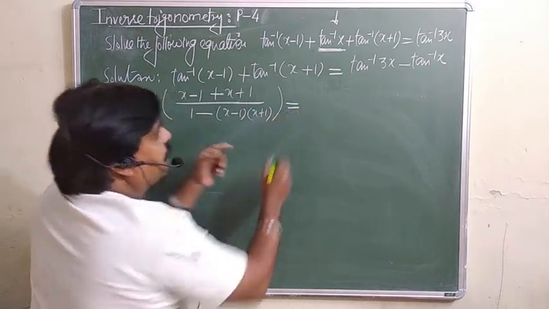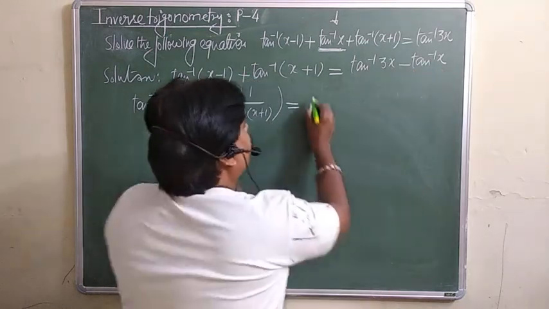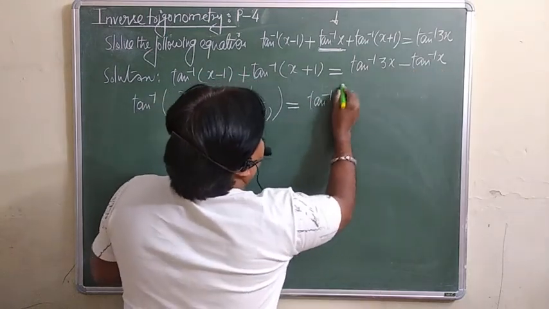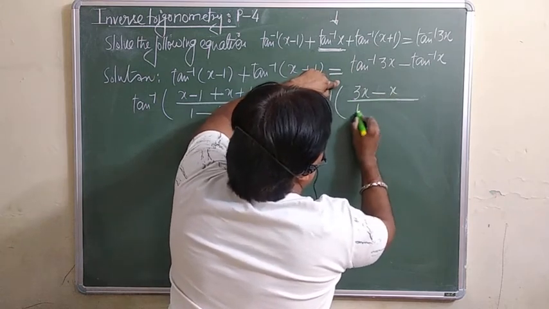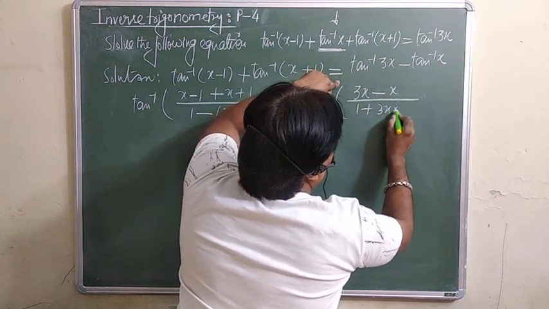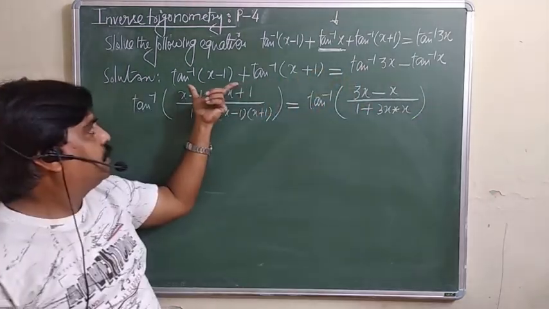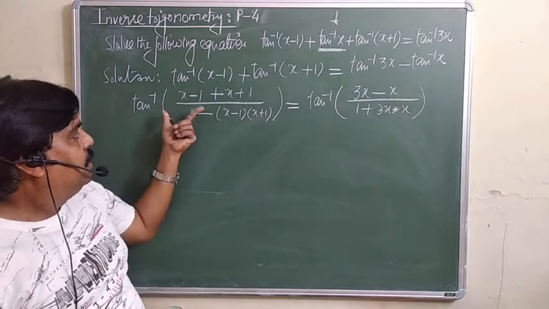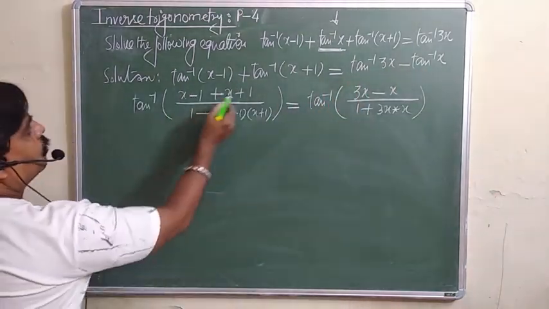Here we apply tan inverse x minus tan inverse y, that is equal to tan inverse of (x minus y) over (1 plus xy). X is 3x, y is x. So nothing else we are doing, we are just applying the tan inverse x plus tan inverse y formula here, and the tan inverse x minus tan inverse y formula here. And now you can simply solve.